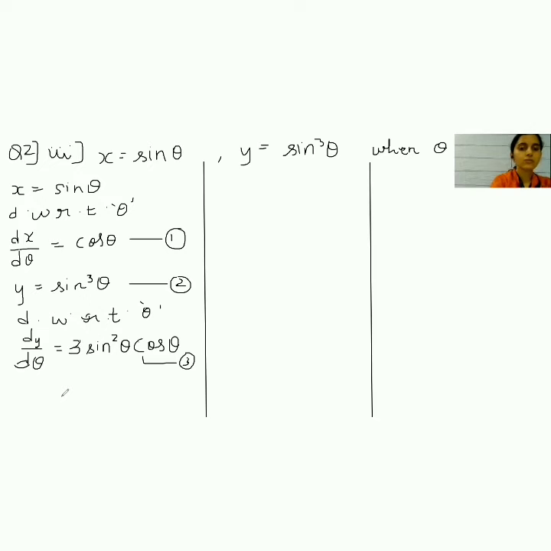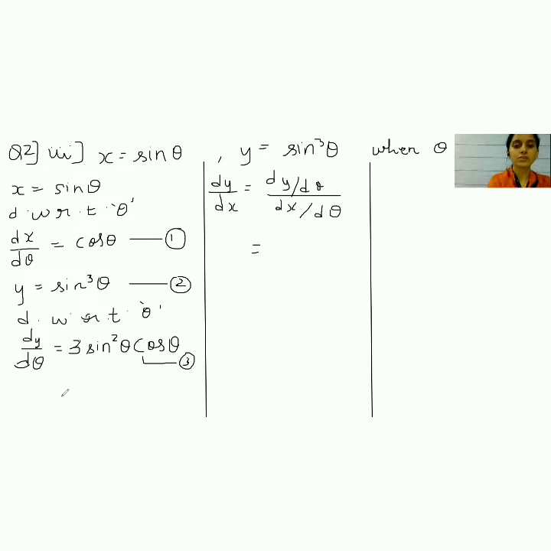Let us write the equation for dy by dx. What should it be? Dy by dx will be equal to, by the theorem on parametric functions, dy by d theta divided by dx by d theta. Right? So what is dy by d theta?